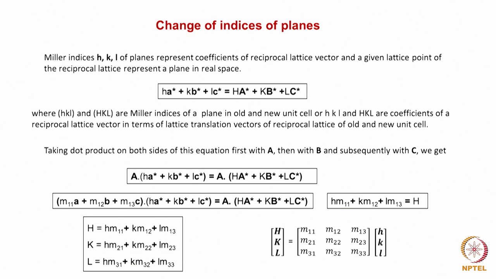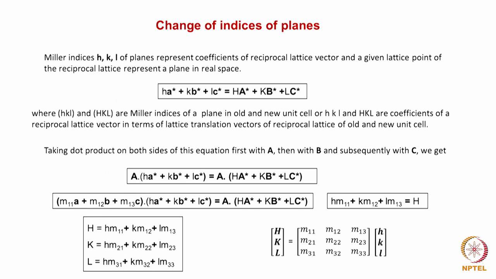Suppose we wanted to find out the change of indices of planes. But we know that whenever we represent planes in a crystal system, we use HKL, Miller indices, to represent it, correct? The way we find out the Miller indices is essentially we take an inverse of the intercept which the plane makes on the real axis.